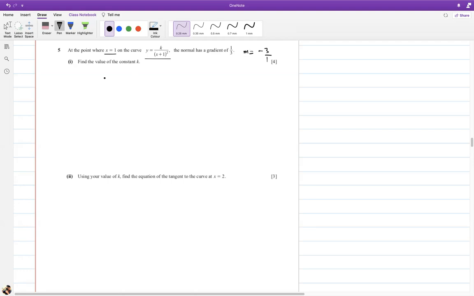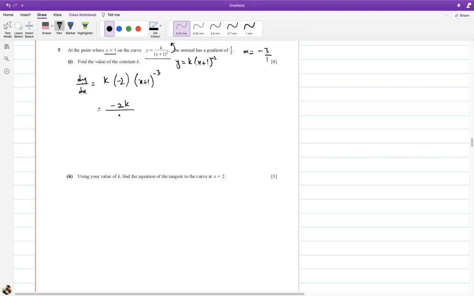So that's the gradient of the tangent. And how do I find the gradient of the tangent? I simply take the derivative of this thing. So I'll find dy by dx. Before that, I'll simplify this. So y is equal to k into (x plus 1) whole to the power minus 2, because I've brought it upstairs. Now this becomes k times minus 2 (x plus 1) to the power minus 3. The power multiplies and the power reduces by 1. That's how you usually find the derivative.